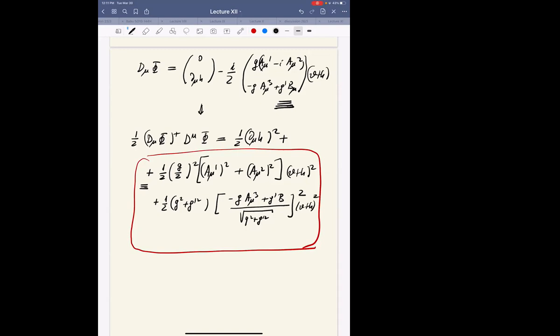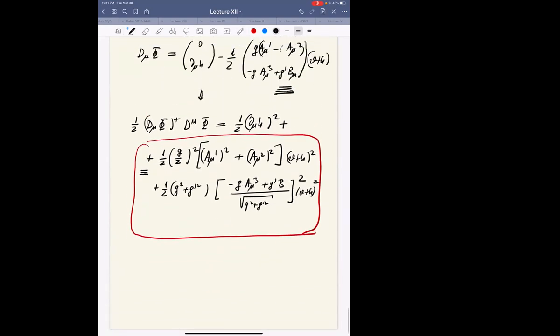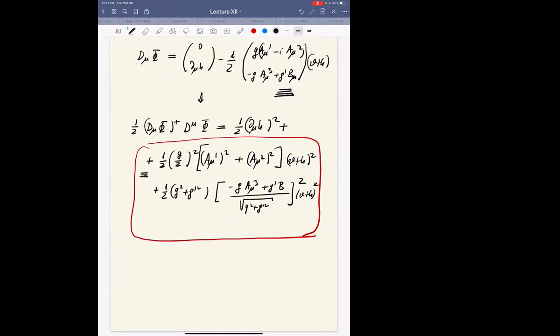So tell me, what is the first piece? A_mu^1 plus A_mu^2 squared. You remember what it is? We discussed it before, when we checked the interactions with the fermions. We introduced the particle called W boson, A^1 minus plus i A^2 over square root of 2.